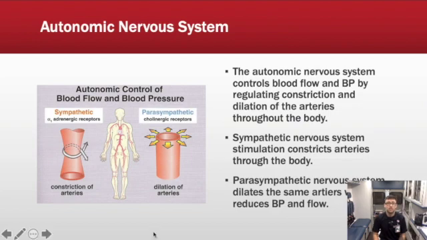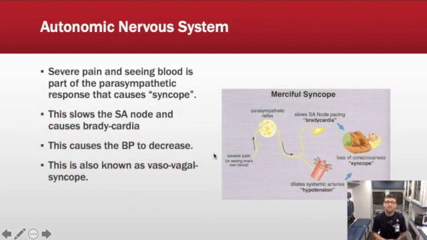The parasympathetic nervous system is dilation of all of these. So again, fight or flight or rest or digest. Okay, sympathetic would be fight or flight, parasympathetic would be rest or digest. And we learn these in our careers, but this also applies to the cardiac cycle as well.